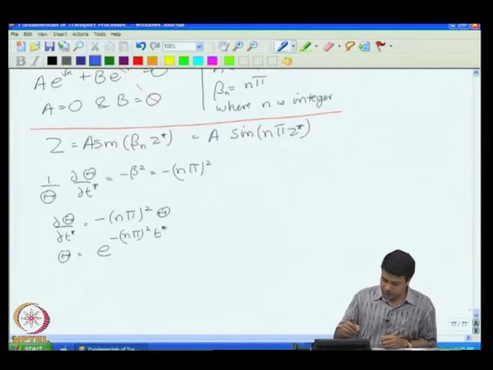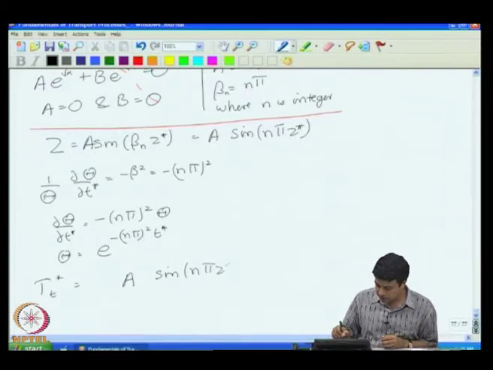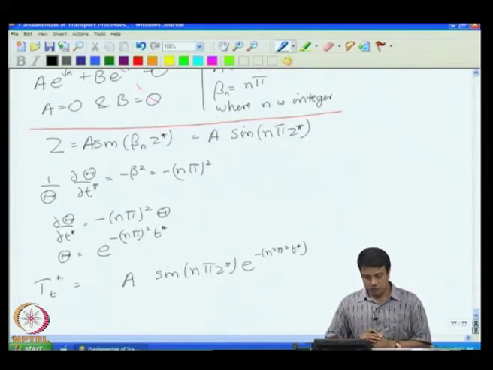So, let us put all of that together, and finally, we get T is equal to A sin n pi z e power minus n square pi square t. So, this is one solution, it satisfies it if n is any integer.